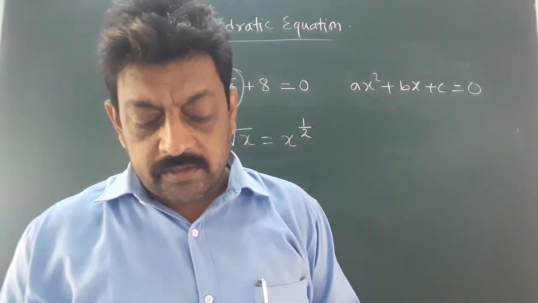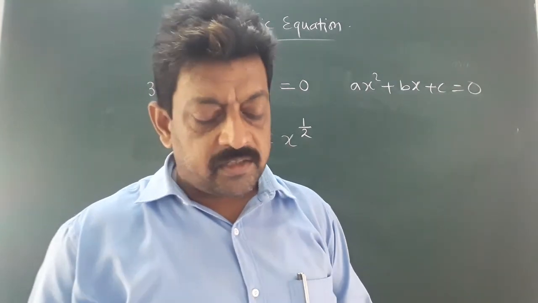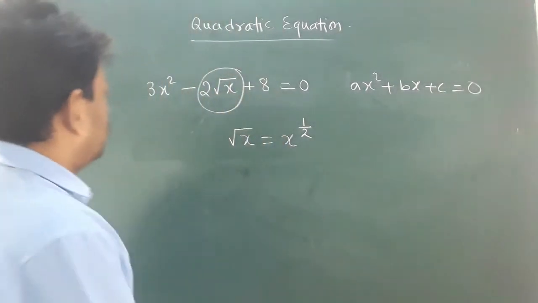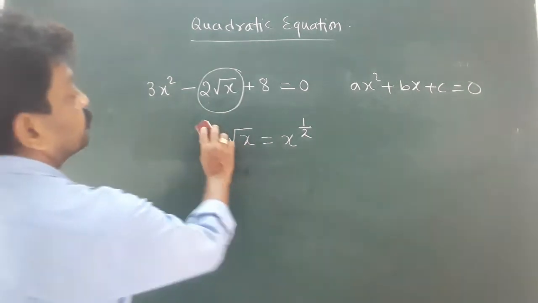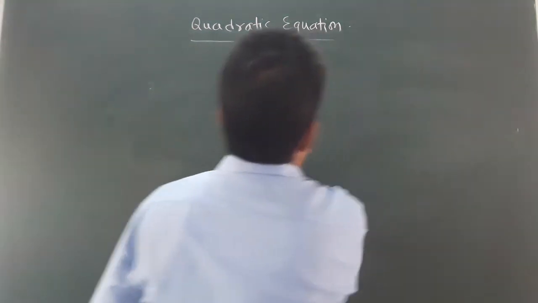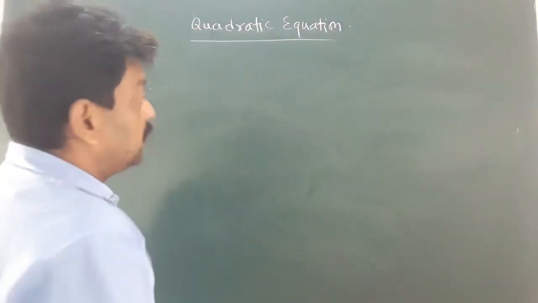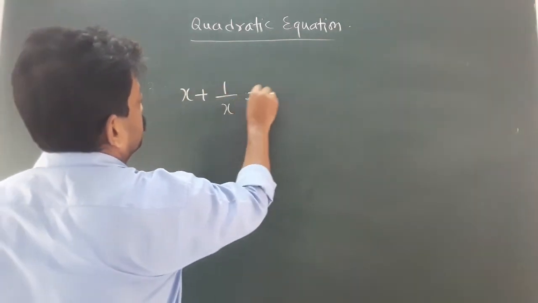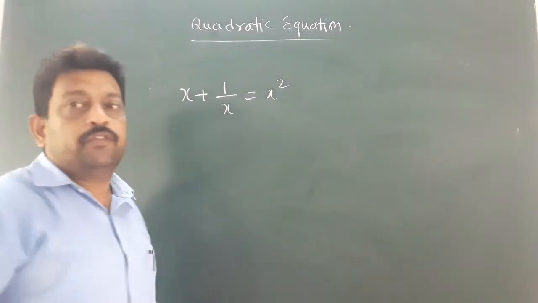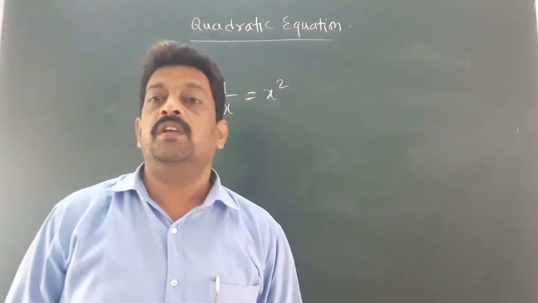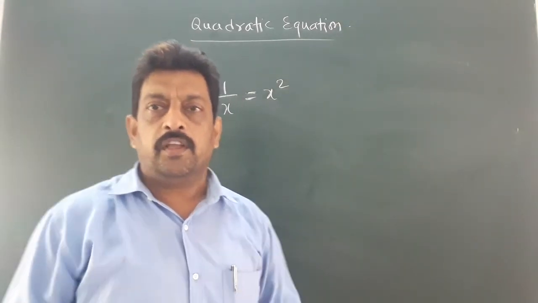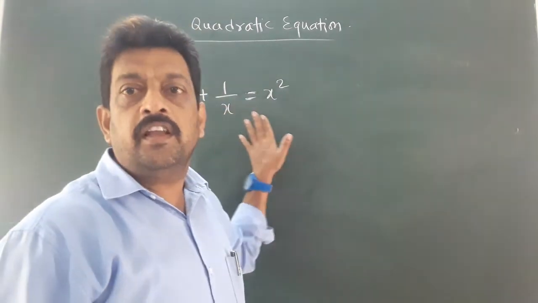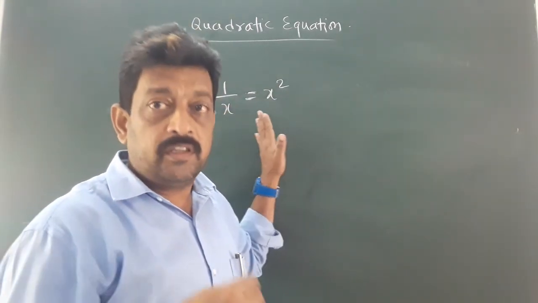The next example is x plus 1 upon x equals to x square. We have to decide whether it is a quadratic equation or not. So first of all, let me simplify this. Let me write in the standard form.